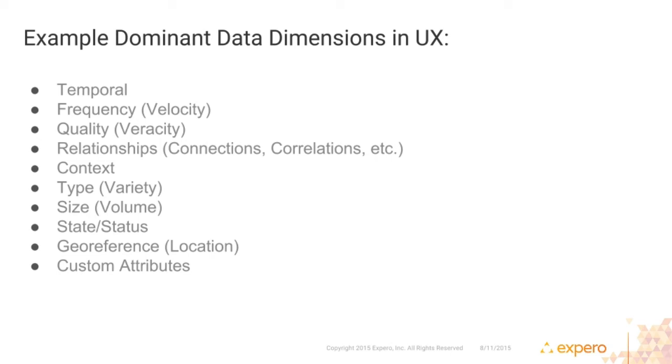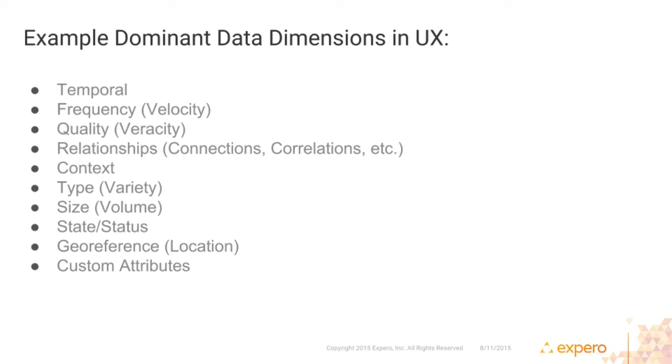Big data is typically a heterogeneous mix of stuff, and when individual pieces of data get taken out of context, they lose their value and their meaning. So being able to preserve context as much as possible is important. The type or the variety of the data, the size and the volume, the state, sometimes georeference.